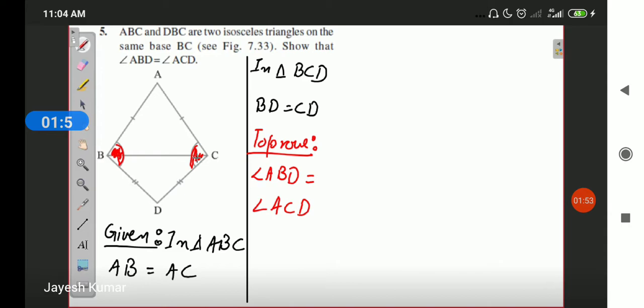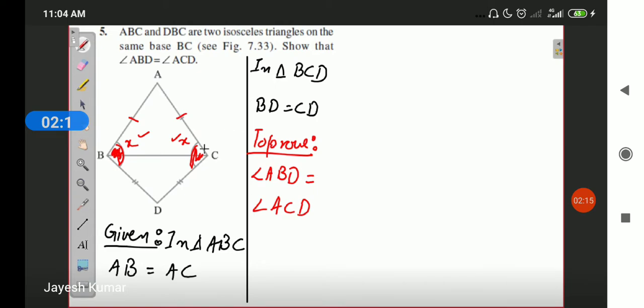Okay, so there are two ways by which you can prove that these two angles are equal. One way is to use the theorem that we have learned in this exercise. How so? We will say that in triangle ABC, this side and this side are equal. Therefore, these two angles are also equal. If this angle is x, this angle will also be x.